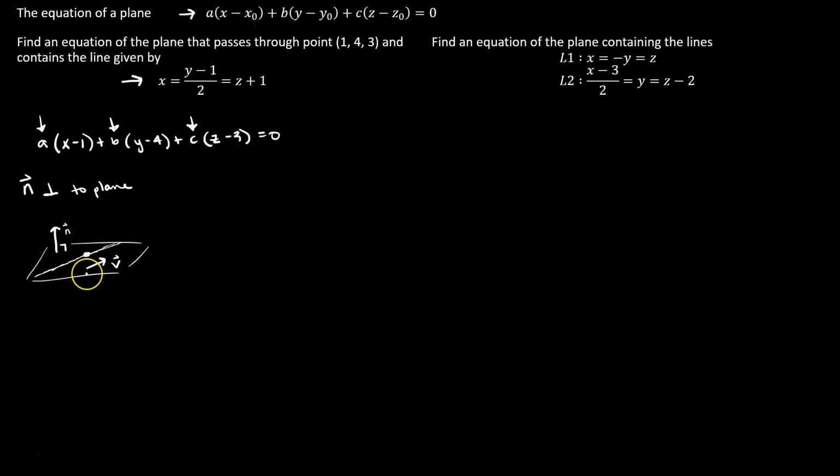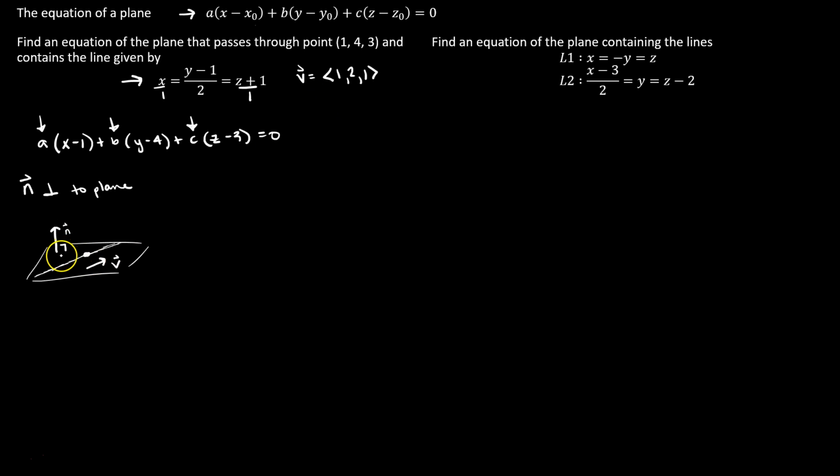So what we'll have to do is find that n through a bit of a convoluted process. We have the vector v from the line. So let's extract that. V from the line looks like 1, 2, 1. We need another vector inside of that plane so that we can cross the two vectors from the plane to find the vector n.